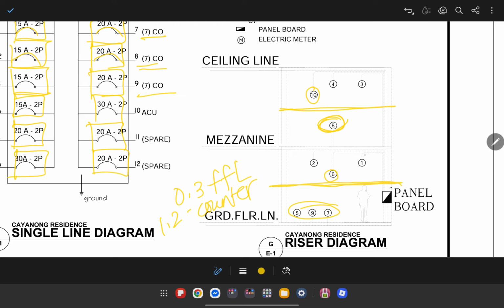And lastly, you have 1 and 2, and 4 and 3, all of which are lighting fixtures.